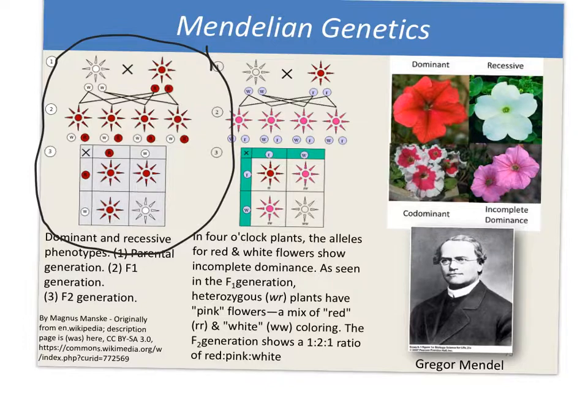But you can also have something called incomplete dominance. So in that case, it's more like blending. So you can have 1/4 red, 1/4 white, and 1/2 pink. Okay?